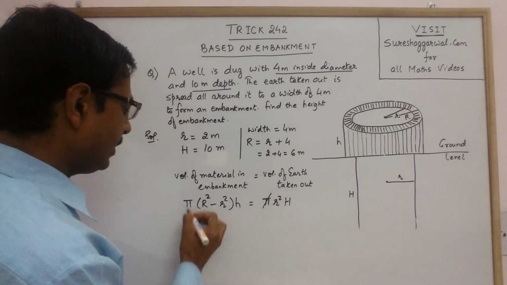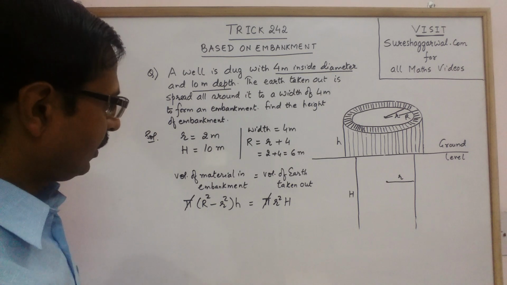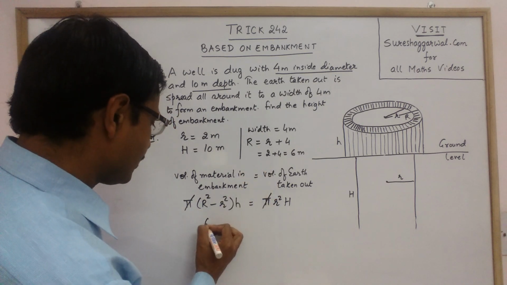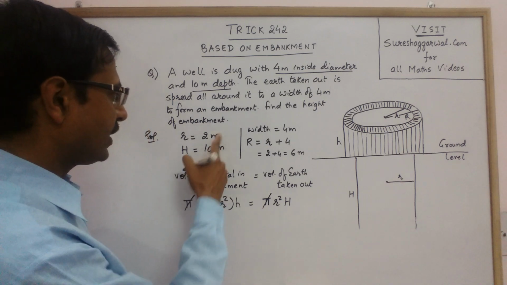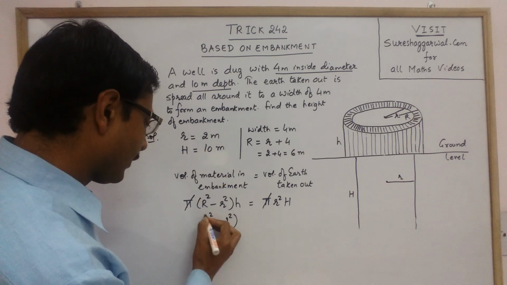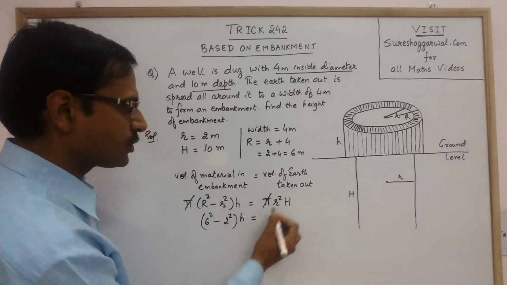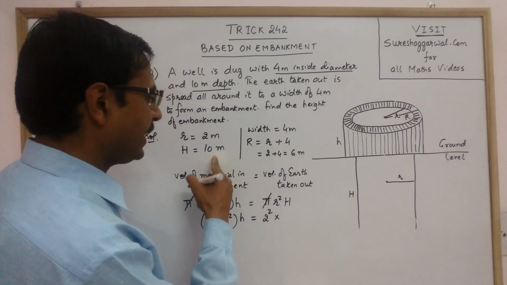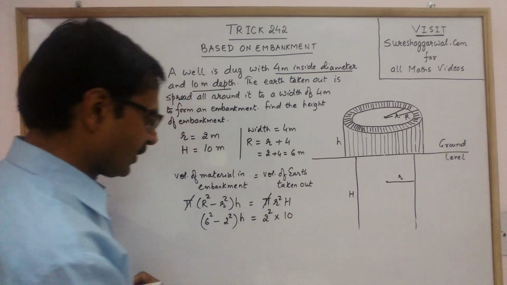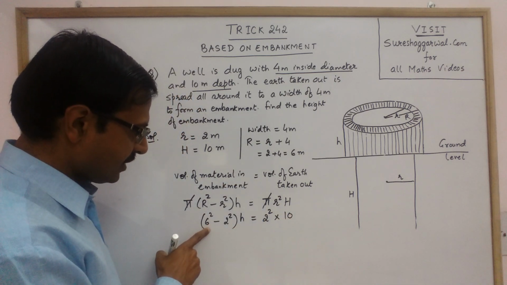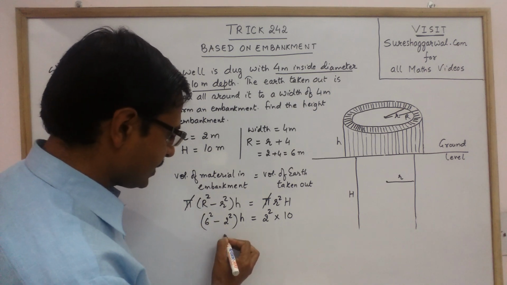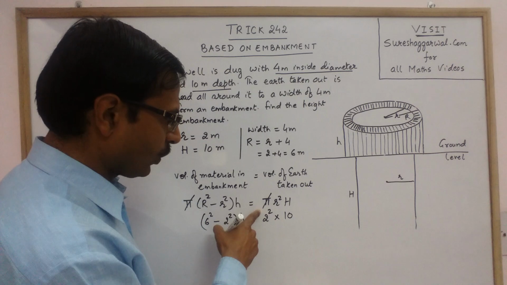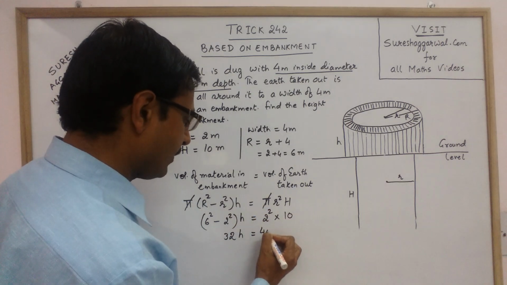Now just cancel pi, and whatever is given we can substitute the values now. Capital R is 6, so 6 square, small r is 2, so 2 square, multiplied by h is equal to small r is 2, so 2 square, into depth is 10, so this is 10. So 36 minus 4, this is 32. 2 square, 4 into 10 is 40.